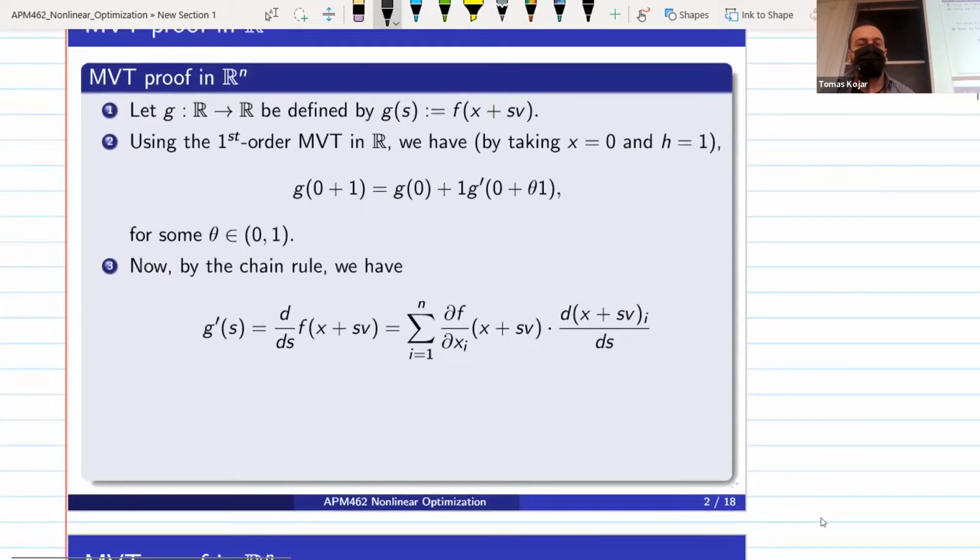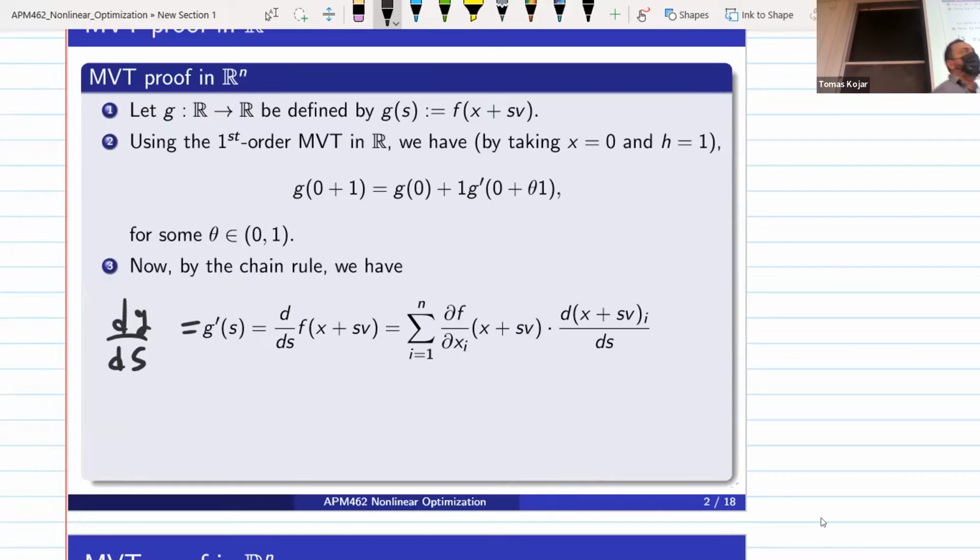When you take the derivative in s, d ds, of f, f has vector input, so you apply the derivative to each of the inputs. That's why you have n derivatives.